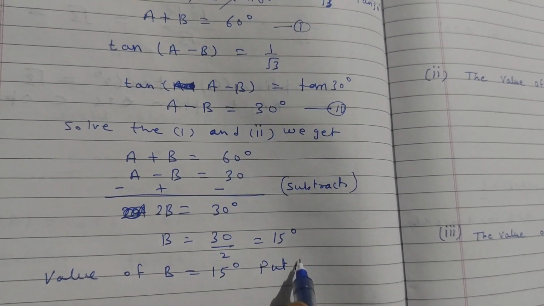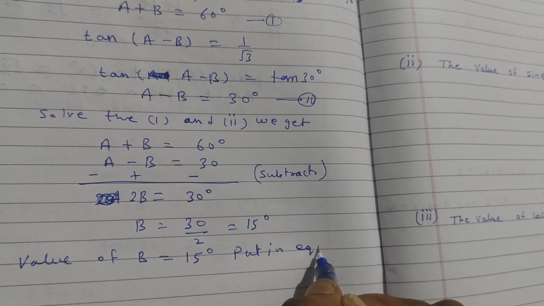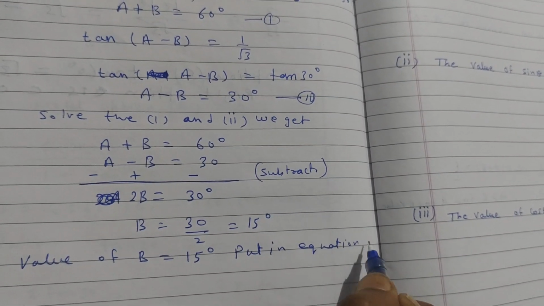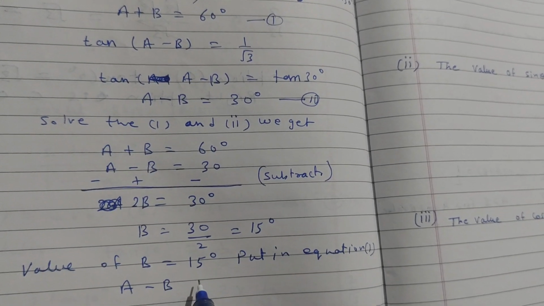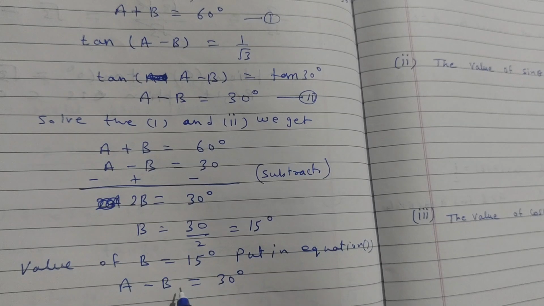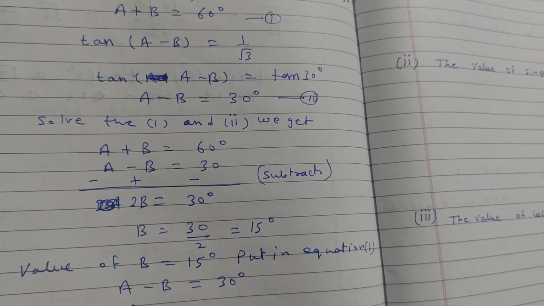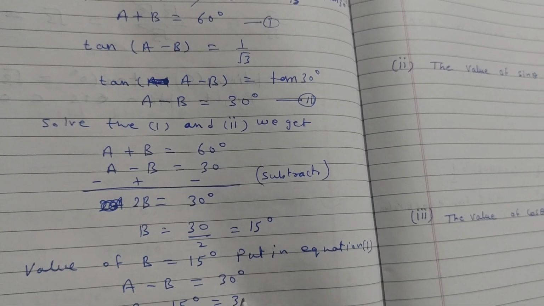Put in equation first, A−B is equal to 30. So A minus 15 degrees is equal to 30 degrees.